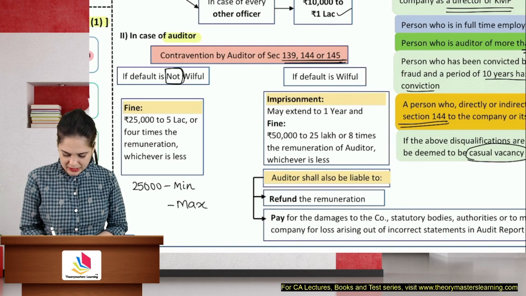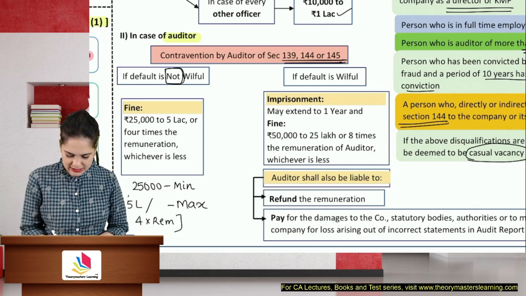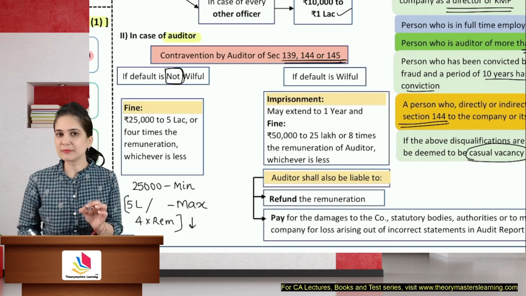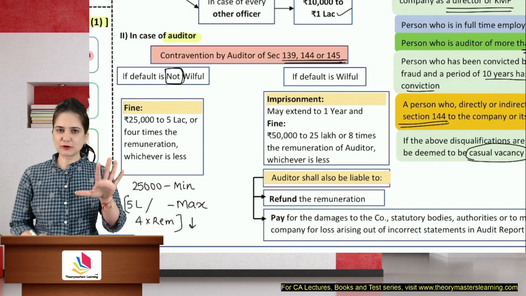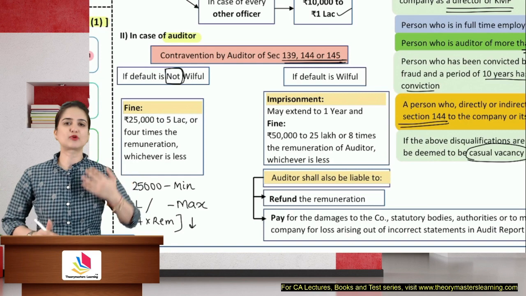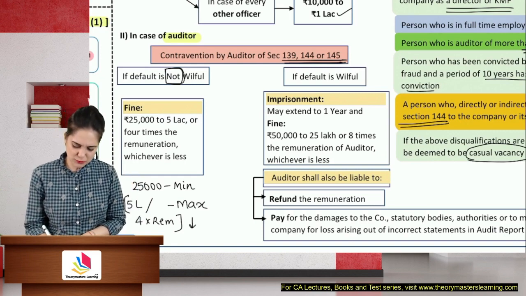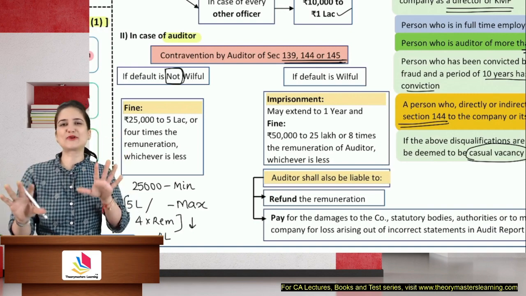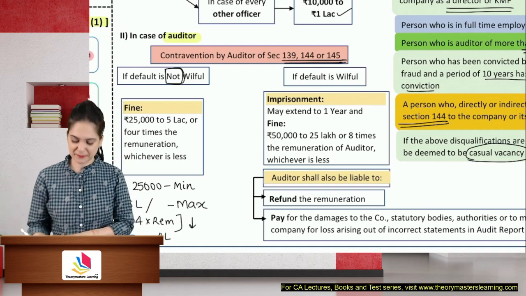Maximum, it will be 5 lakhs or 4 times the remuneration, whichever is less. So for the maximum limit, we will consider 5 lakh rupees, calculate 4 times the remuneration, whichever is less, that is the maximum amount of penalty. So let's say 4 times the remuneration comes to 4 lakh rupees. So 5 lakhs and 4 lakhs, whichever is less, that is the maximum.